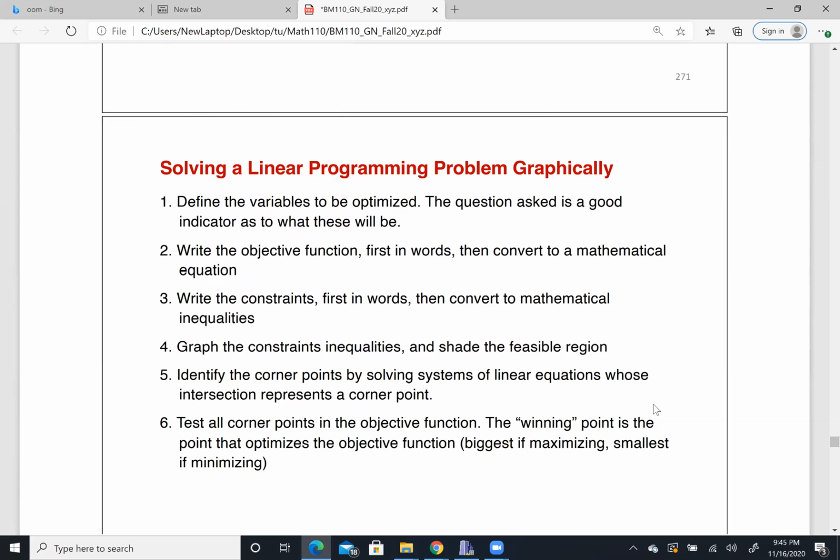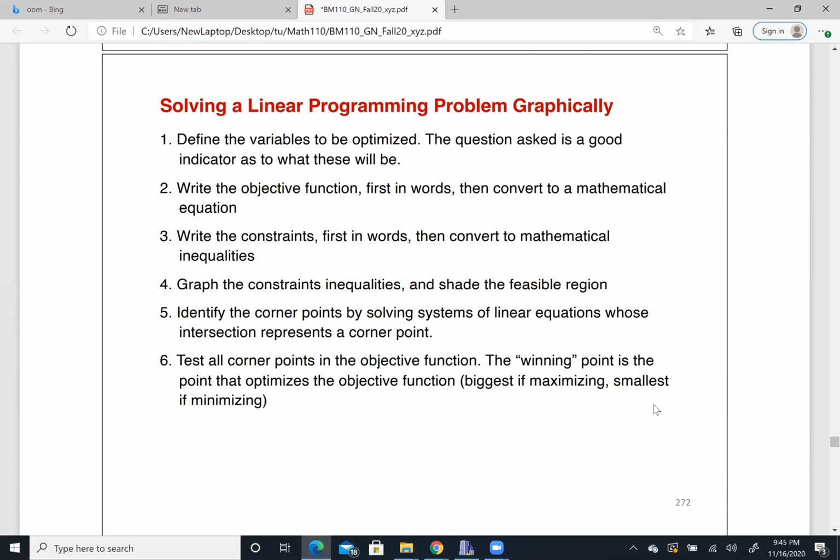We have 6 steps to solve a linear programming problem graphically. So the first one is define the variable to be optimized, such as A, B, C, what is that going to be? Usually the question asked is a good indicator as to what these will be.